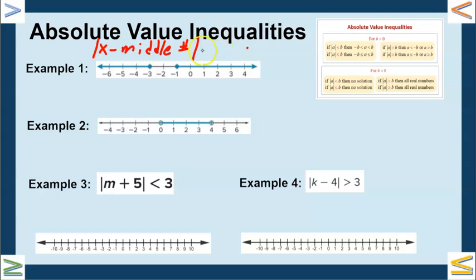So for this one, they're going in opposite directions, so I know this is an OR, which means greater. They're filled in circles, so I know I can equal it. And then the distance from -2, so the distance from the middle.